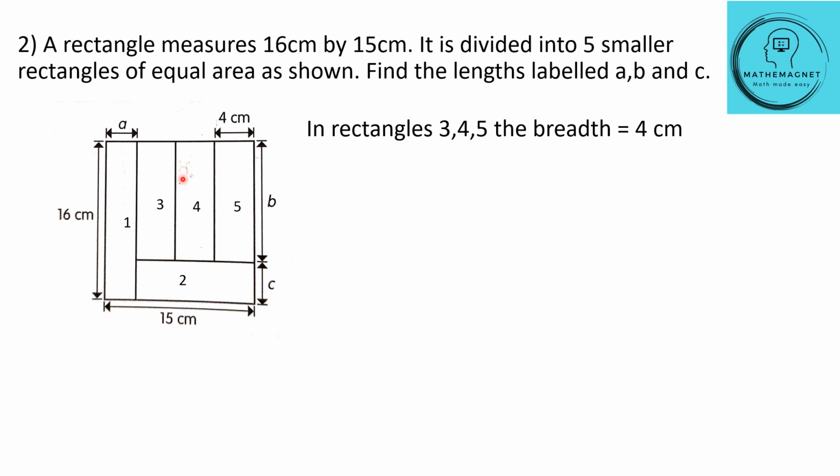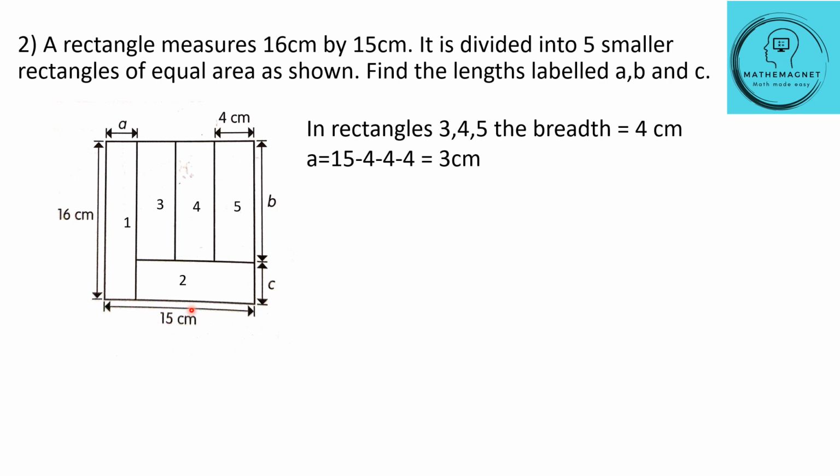Given that rectangles 3, 4 and 5 have the same breadth, which is equal to 4 centimeters, we can find A. We know the whole side measures 15 centimeters. So A can be found out as A equal to 15 minus 4 minus 4, which is equal to 3 centimeters. So A measures 3 centimeters.